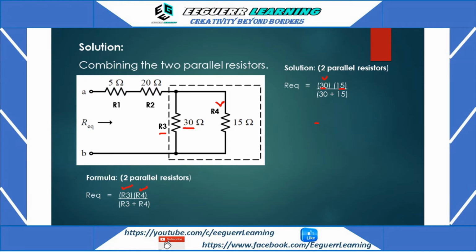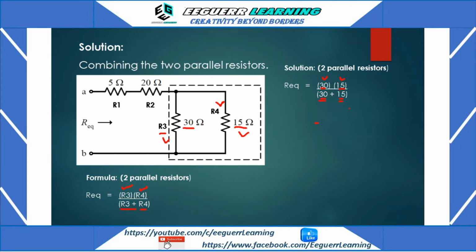So we place it here: 30 times 15 over 30, which is R3, plus R4, which is 15. So 30 plus 15 here.